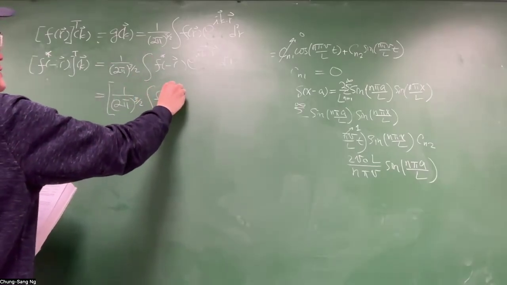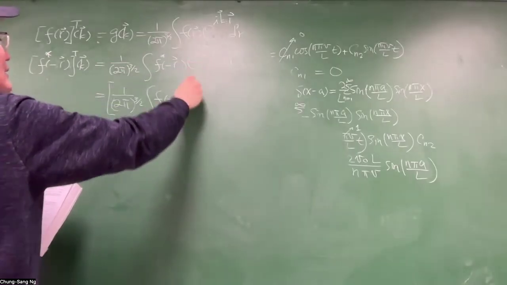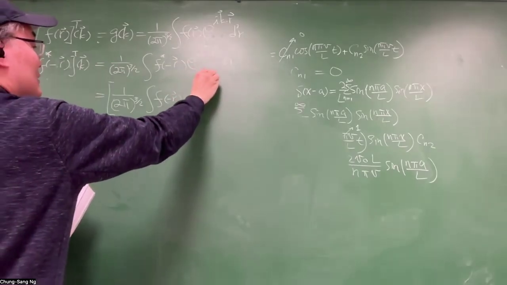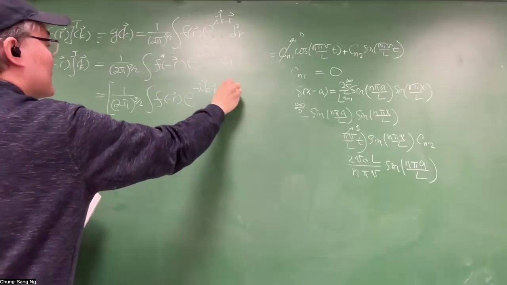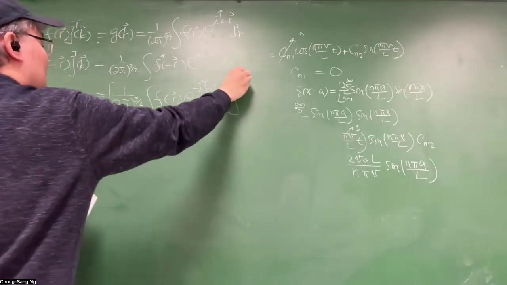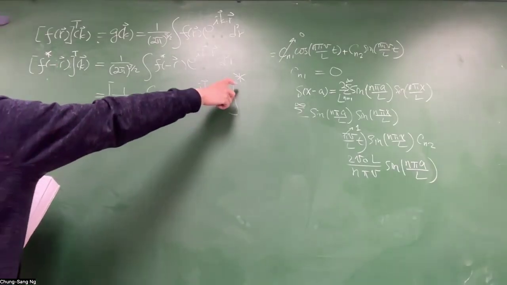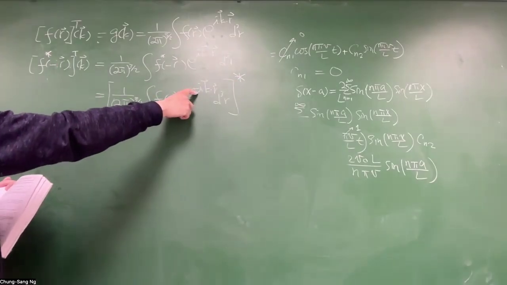Just put the F in here, and whatever is in here, you need to change it to minus IP. And take the complex conjugate out, because everything else is real. We only change the complex conjugate and change I to minus I, go back to here.